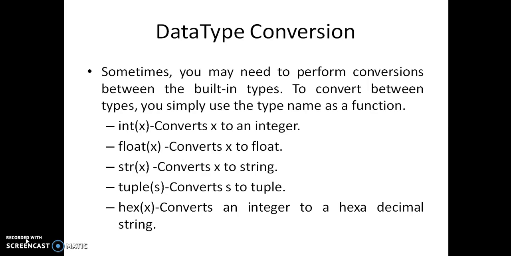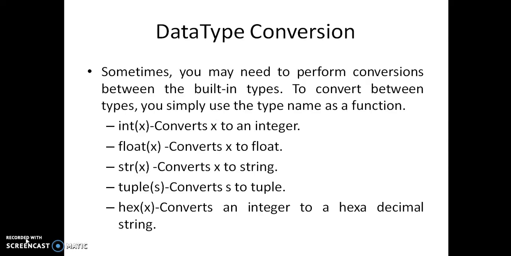Float of x converts to float. X may be of any data type. Str of x converts any type of value to a string. And tuple of s converts s into a tuple. By converting the data into a tuple, it becomes a constant and we are not able to modify it.